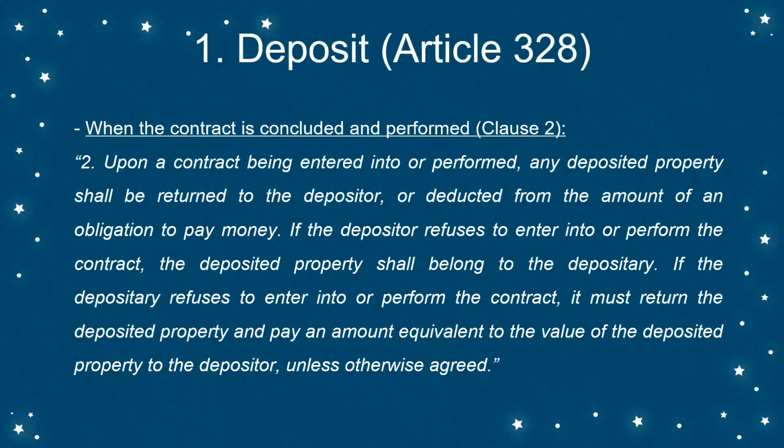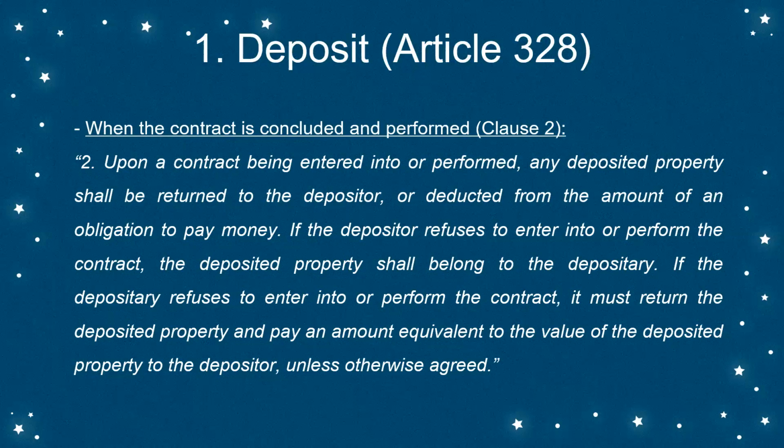When a contract is concluded and performed, the deposited property shall be returned to the depositor or deducted from the amount of an obligation to pay money. If the depositor refuses to enter into or perform the contract, the deposited property shall belong to the depository.